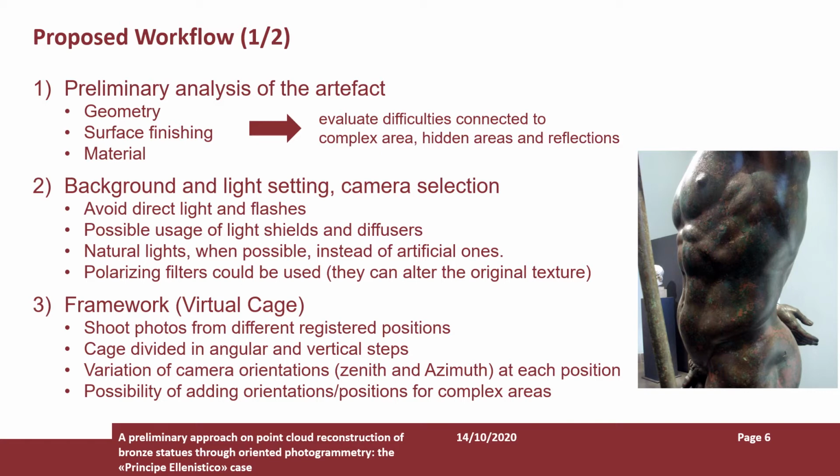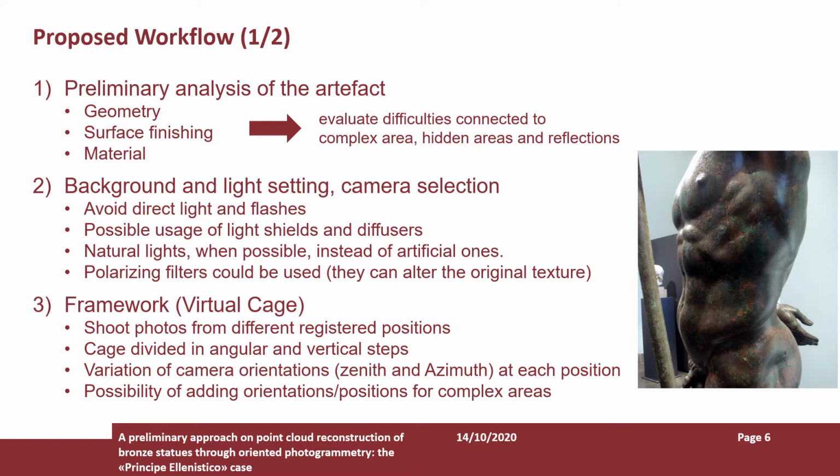It starts from the preliminary analysis of the artifact, studying its geometry, its finishing in every surface, and the material of which the surfaces are composed. This helps to evaluate difficulties connected to complex, hidden, or shadowed areas, and the possible light reflection.